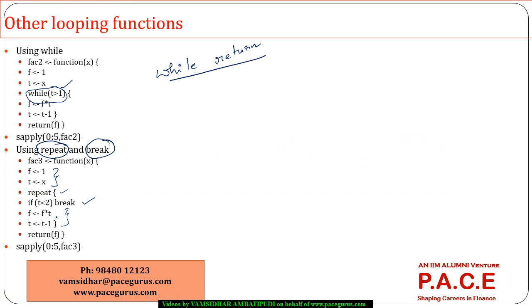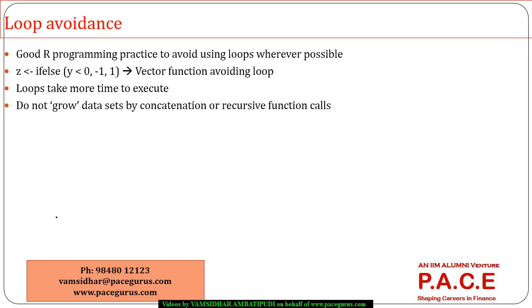So these are the different ways in which I can write my own functions, I can write my own loopings, which can help me to implement my own functions quite comfortably. However, again, as R is a vector language, to a large extent I can avoid the loops wherever possible.